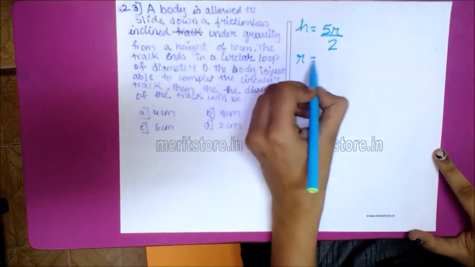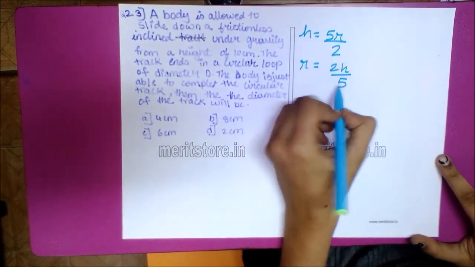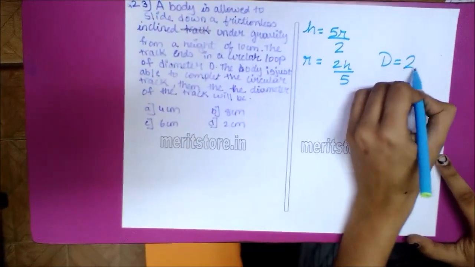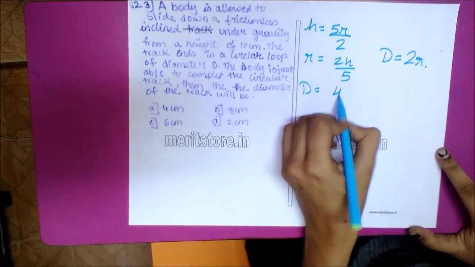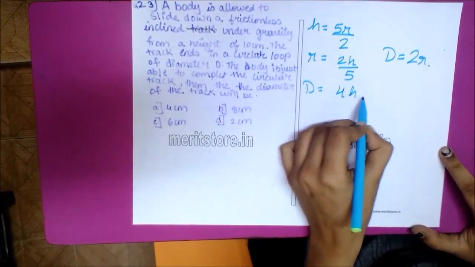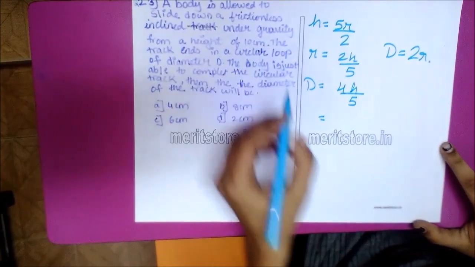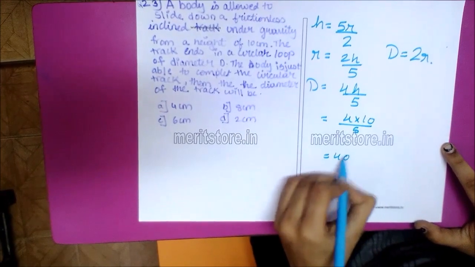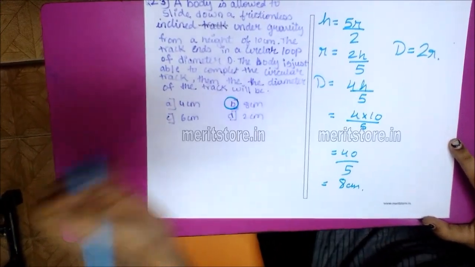So from this we will get R equals 2H by 5. But over here we have the diameter D. Diameter is twice the radius. Therefore D will be twice this entire thing, that is 4H by 5. H is given to us as 10 centimeters, therefore this will be 4 into 10 by 5, which is 40 by 5, which is 8 centimeters. Option B is the correct option.